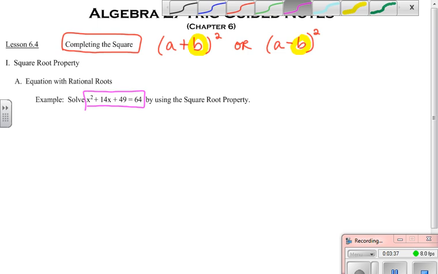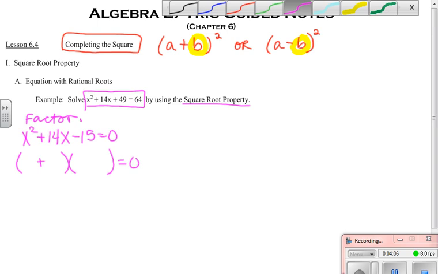X squared plus 14x plus 49 equals 64 using the square root property. Now we could go ahead and we could factor this and we could get the answer. And I'm going to go ahead and do that because the factoring sometimes works. So I'm going to subtract 64 from both sides, and when I do that I get x squared plus 14x minus 15 equals 0. I'm going to factor.